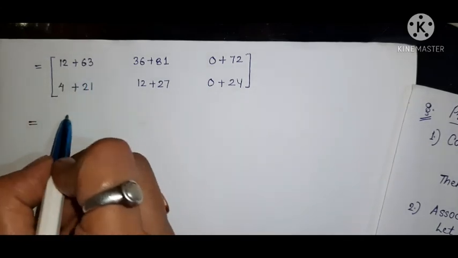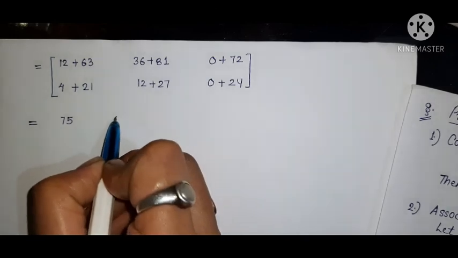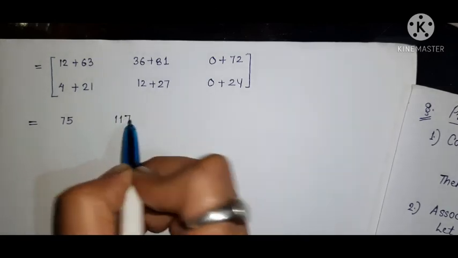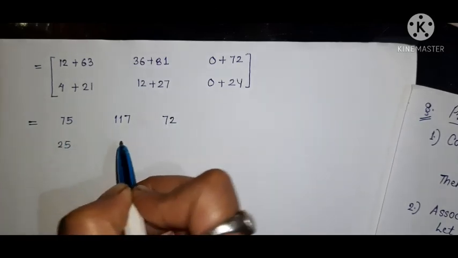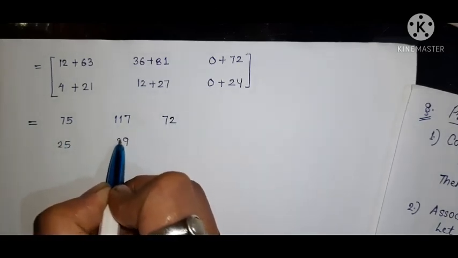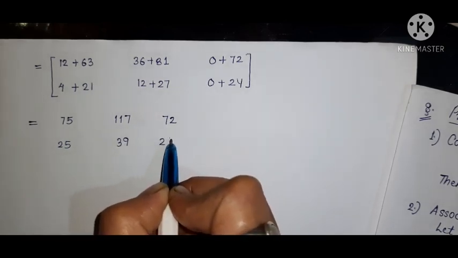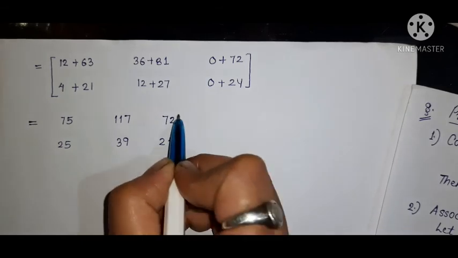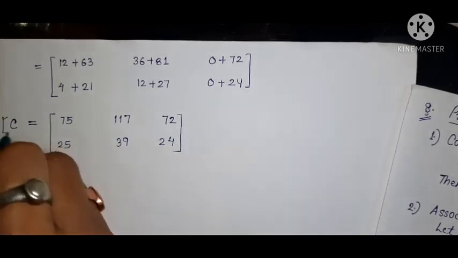So just add: 75, 117, 72, 25, 39, 24. So this is the resultant matrix C.